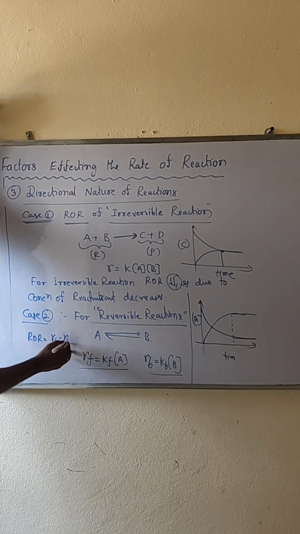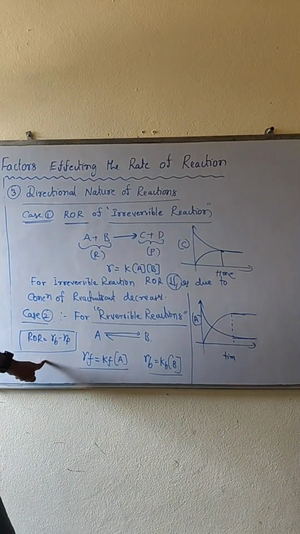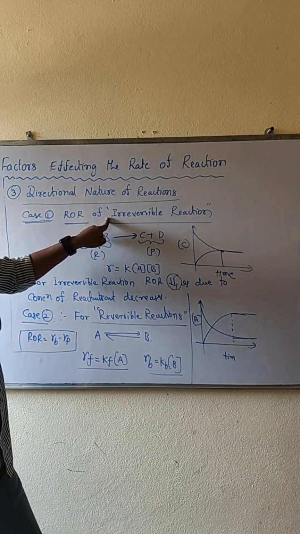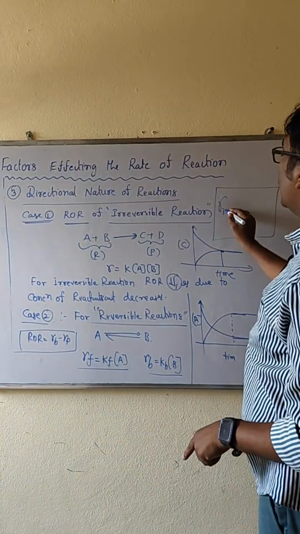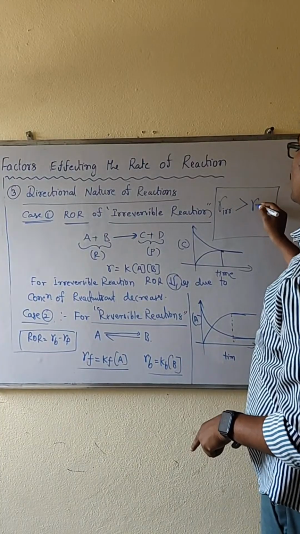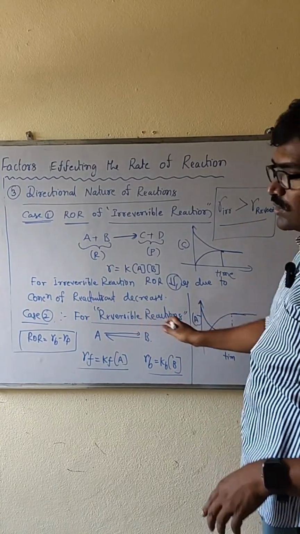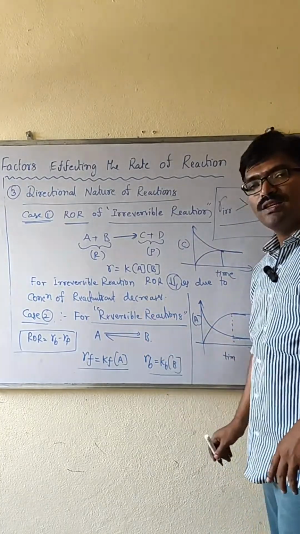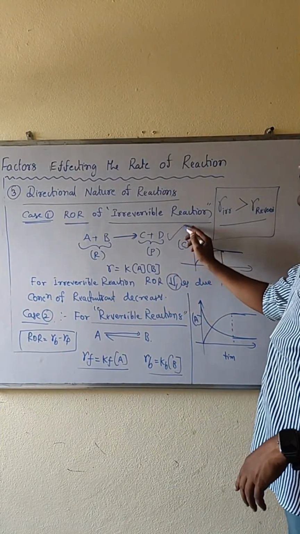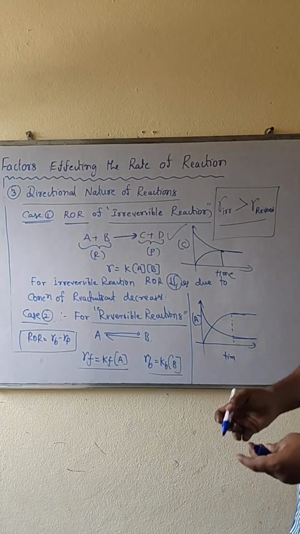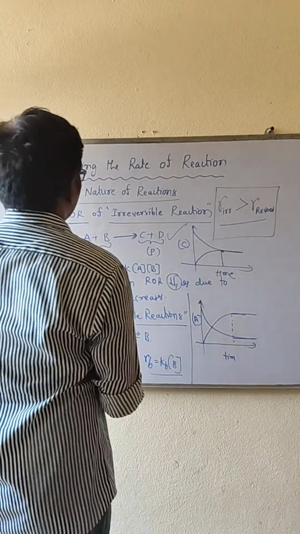Based on that, we can say the rate of irreversible reactions is greater than the rate of reversible reactions, because in reversible reactions we should consider both forward and backward directions, but here only the forward direction. Clear, my dear students?